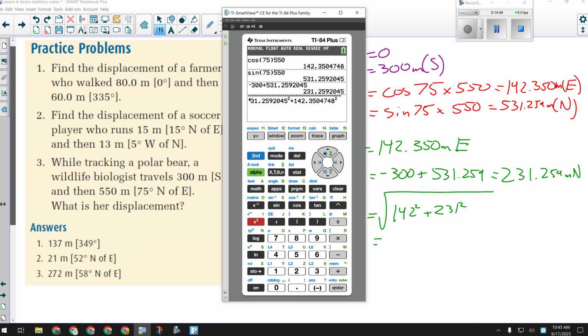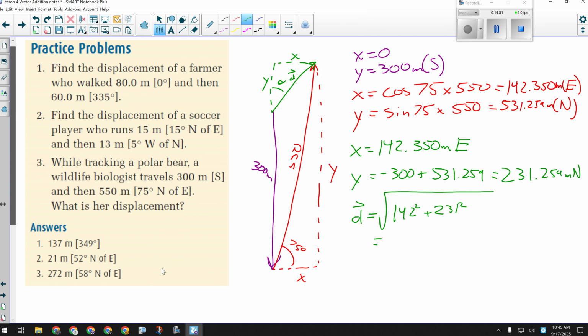That was close. Okay, 271.559 meters is the magnitude of that line, and I also need to get its direction.